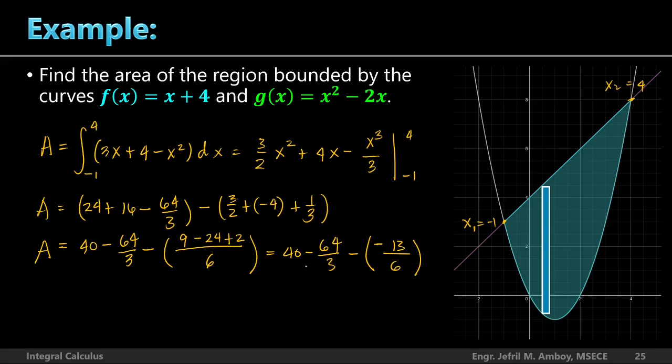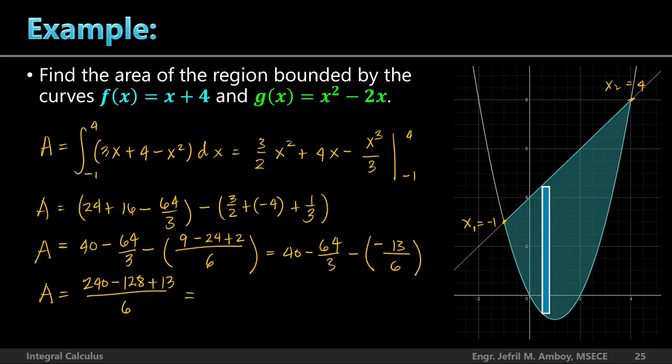Ayan. So now, pwede na natin itong isimplify further para makompute yung area. So here, our common denominator is 6. Yan. So, 6 times 40 is 240 minus 128. Tapos, minus, so magiging plus 13 siya. Diba?